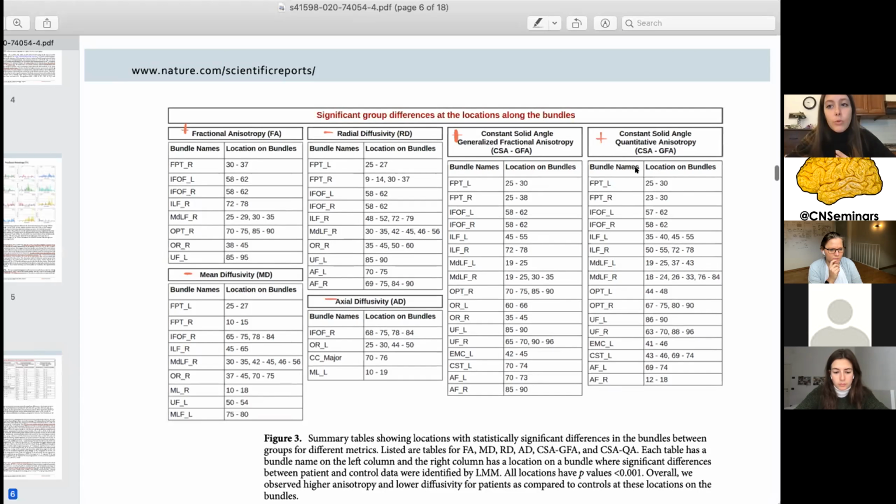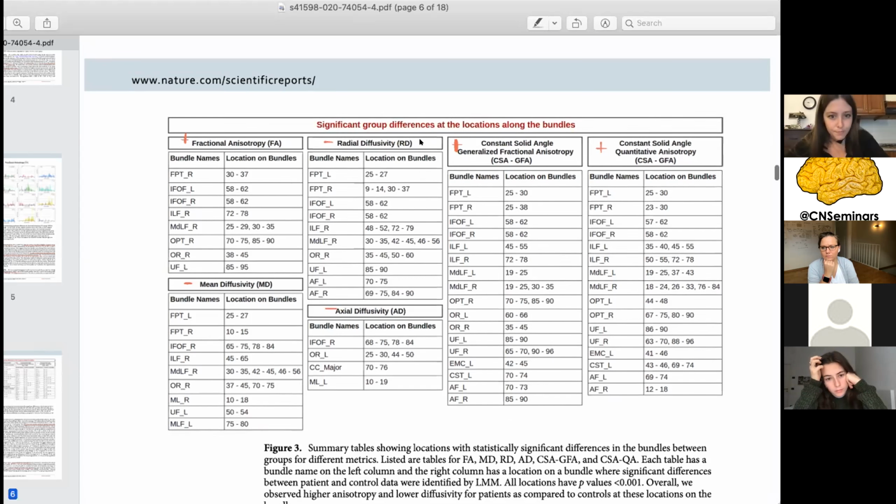Usually patients have higher anisotropy. On the other hand, when we consider the diffusivity measures, the patients usually have the opposite pattern, so lower scores.